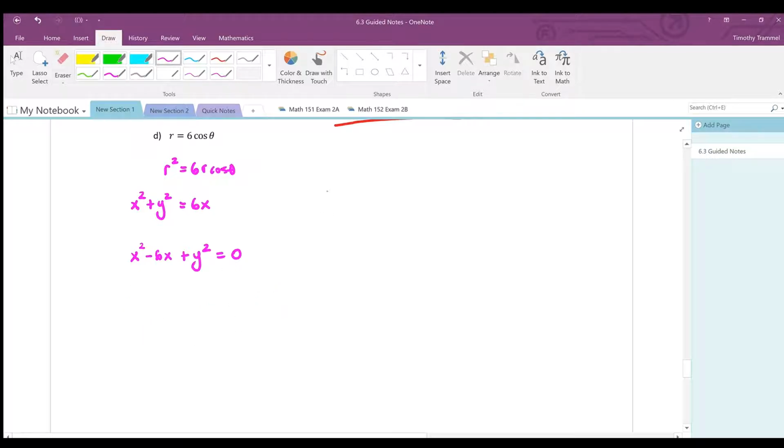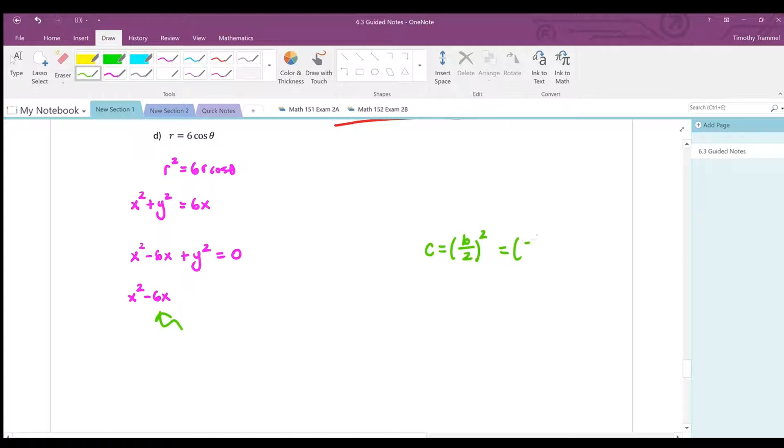So the trick is there's this little formula, and it looks like this. C is equal to b over 2 squared. So this is that number that I'm going to add to each side. So I have this x squared minus 6x, and then we just need to compute what this number is. B for us is actually this minus 6, this number in front of the x.